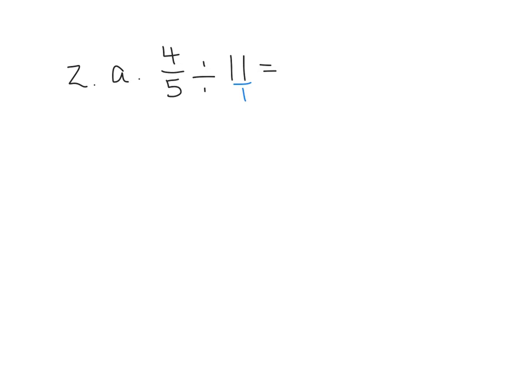Then I can do copy, change. 4/5 times 1/11, and nothing reduces here. So I have 4, oops, I need to change my color. We'll leave it for that one. Go back to black. 4/55 is my answer.